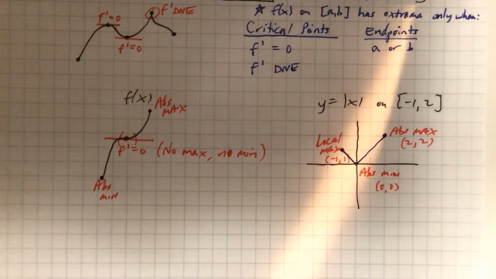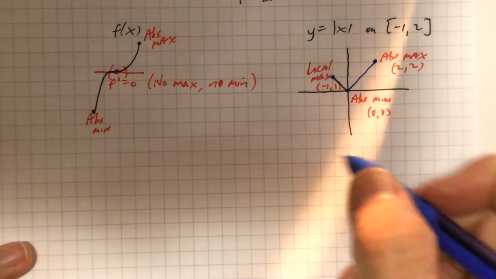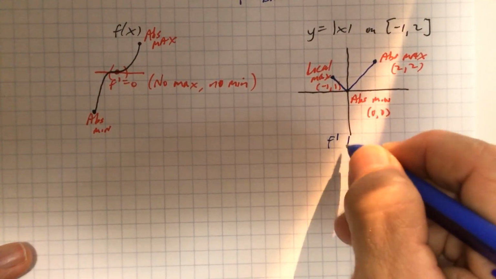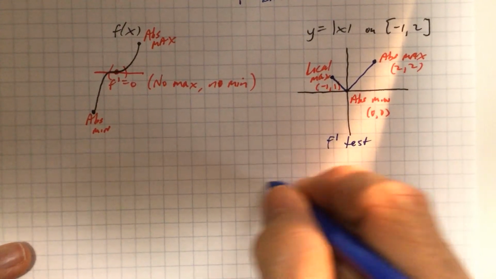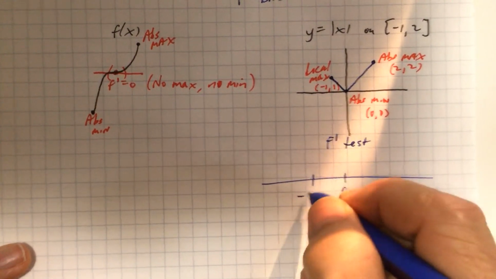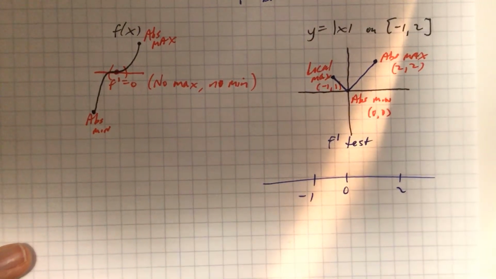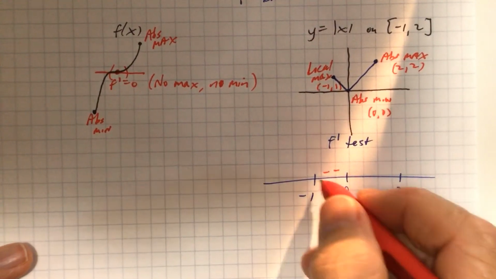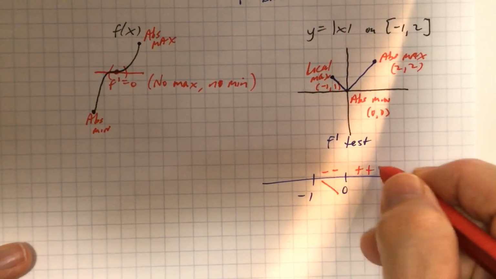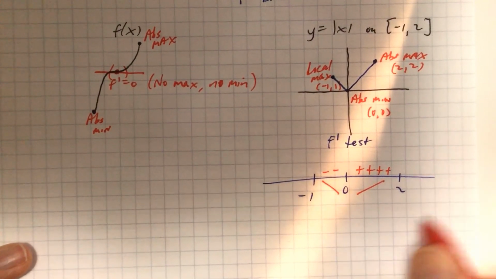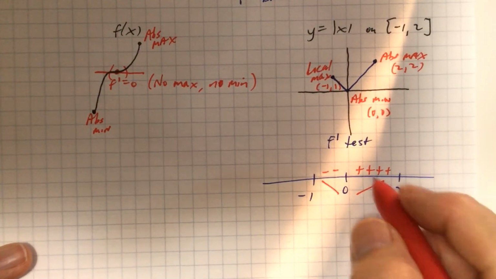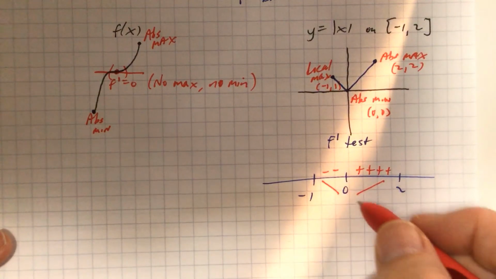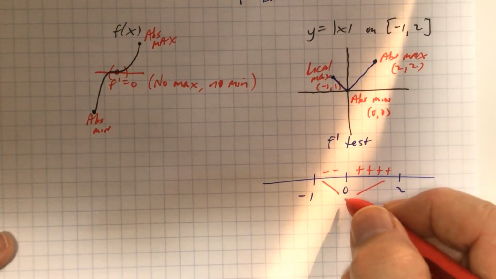And so what would that look like? Well, if you did it analytically, you'd use your f prime test. You'd find where f prime doesn't exist at 0, and the endpoints -1 and 2. You would find that f prime is negative on that interval, so f is decreasing, and f prime is positive on that interval, so f is increasing. When f prime changes from negative to positive, we have a min.